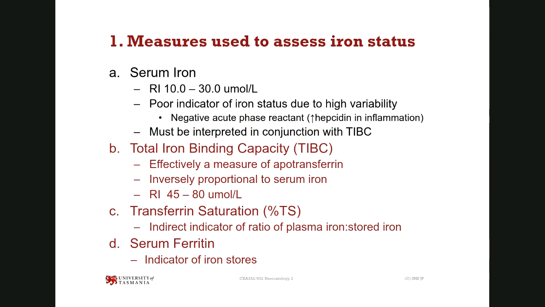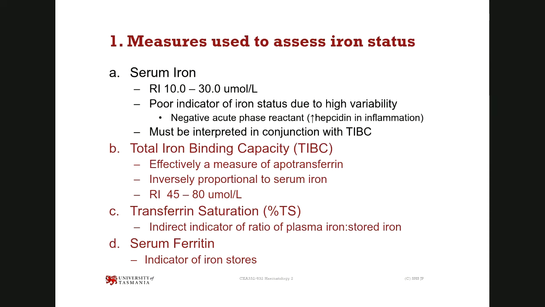But it's a very poor indicator of iron status because there's high biological variation. It has a coefficient of variation of about 26%, which is huge. There's also significant diurnal variation, so it varies from morning to night. It is very affected by diet and supplements.